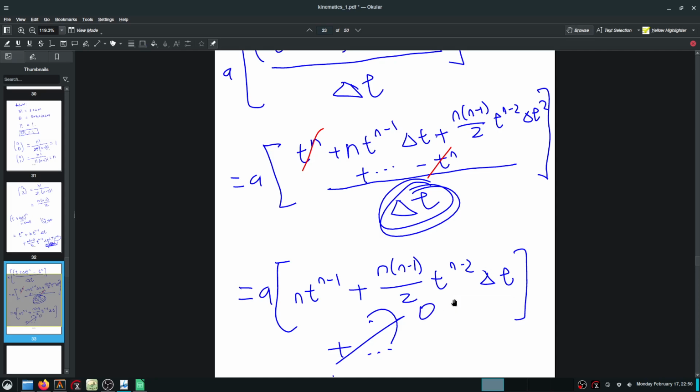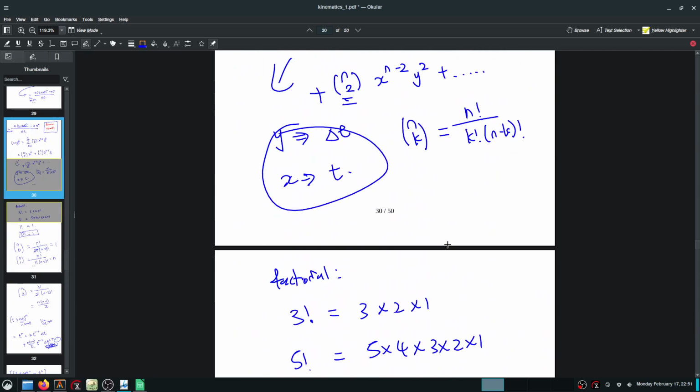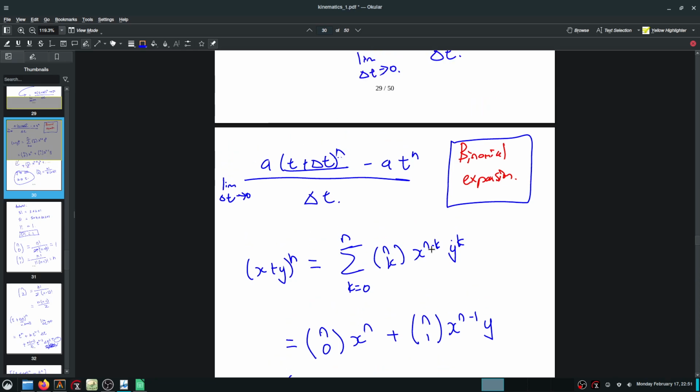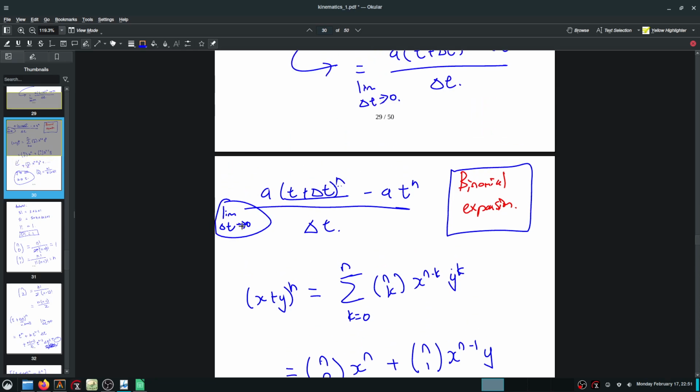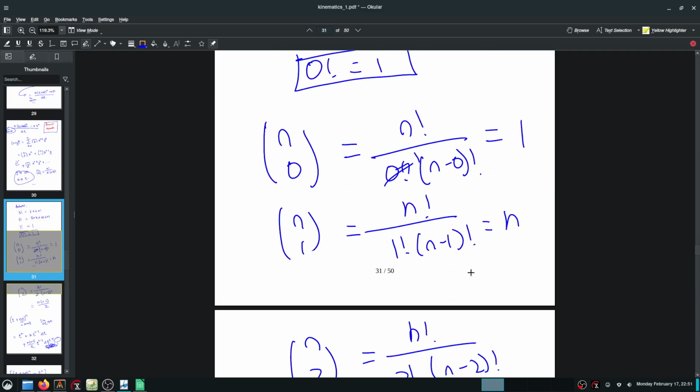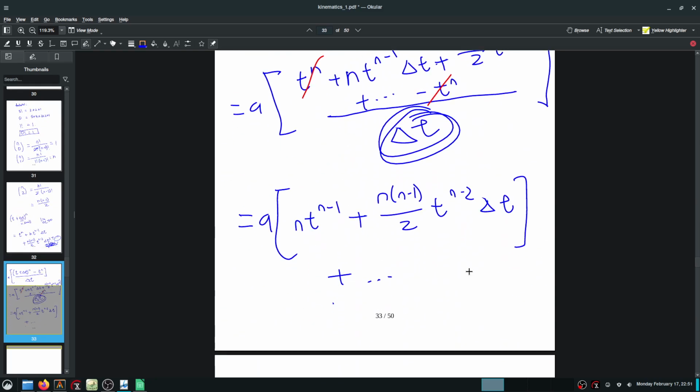But let me just do one more thing before I tell you why it can really just disappear. Remember the whole idea of differentiation is to bring this delta t to 0. I have shown you the whole gradient. When you bring this delta t to 0, it will reduce to this form.